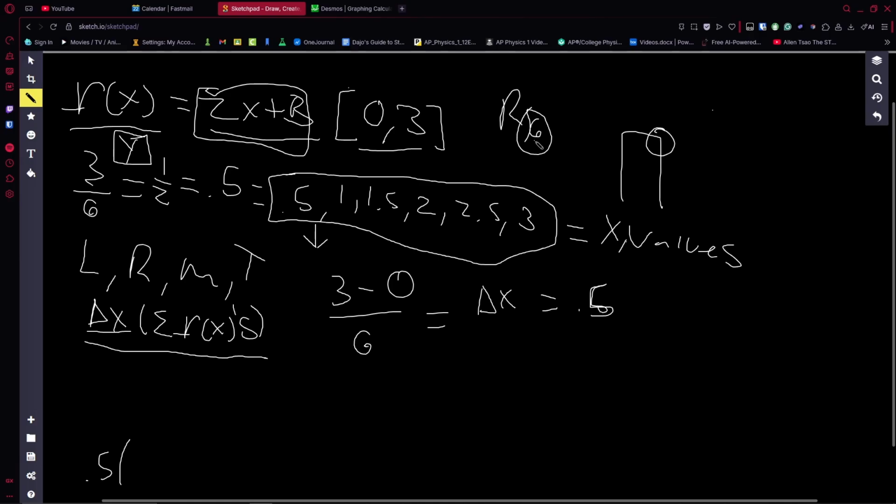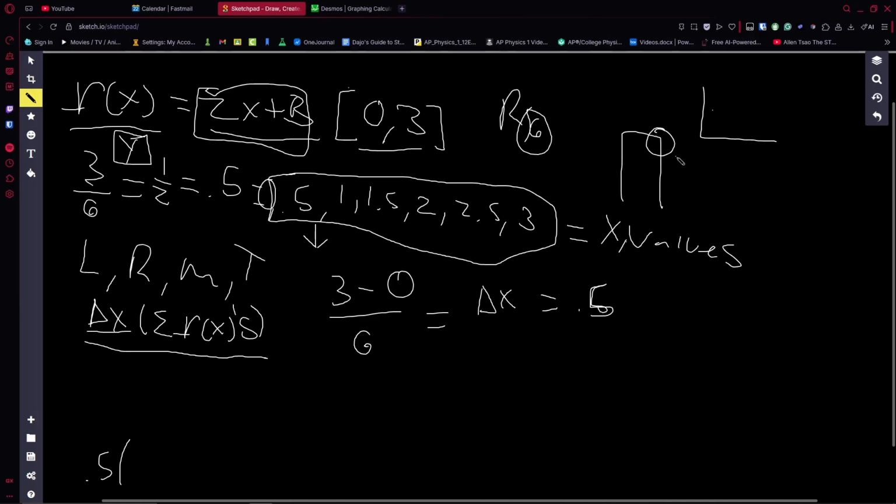We don't start directly at 0, comma, whatever the x value would be. And sorry, there's also a 0 here. Now, we don't start at this x value because we're missing it. It's not a left Riemann sum, so we can't start at this 0 value.